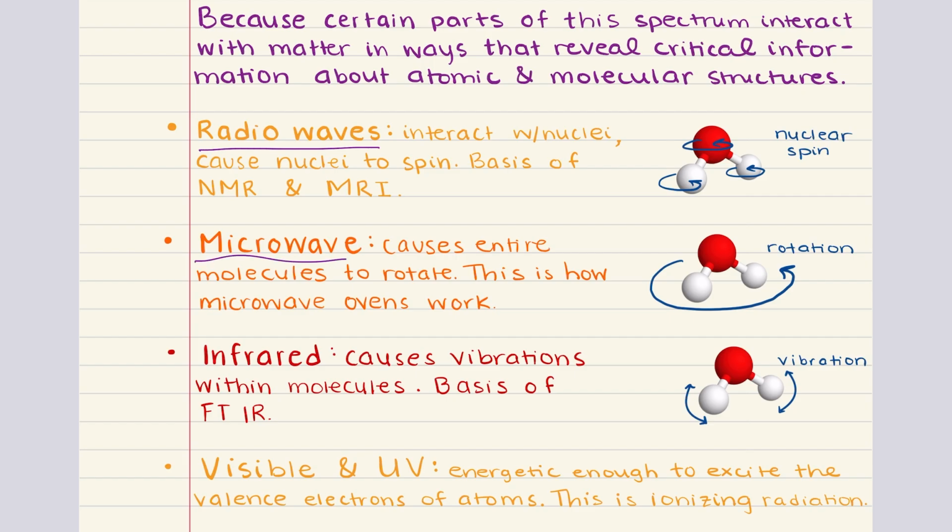Microwaves, they cause molecules to rotate. In everyday life, this explains how microwave ovens heat food by exciting water molecules to spin and generate heat. Infrared radiation interacts with molecules by causing vibrations within chemical bonds. This is the foundation of Fourier transform infrared spectroscopy, also known as FTIR.